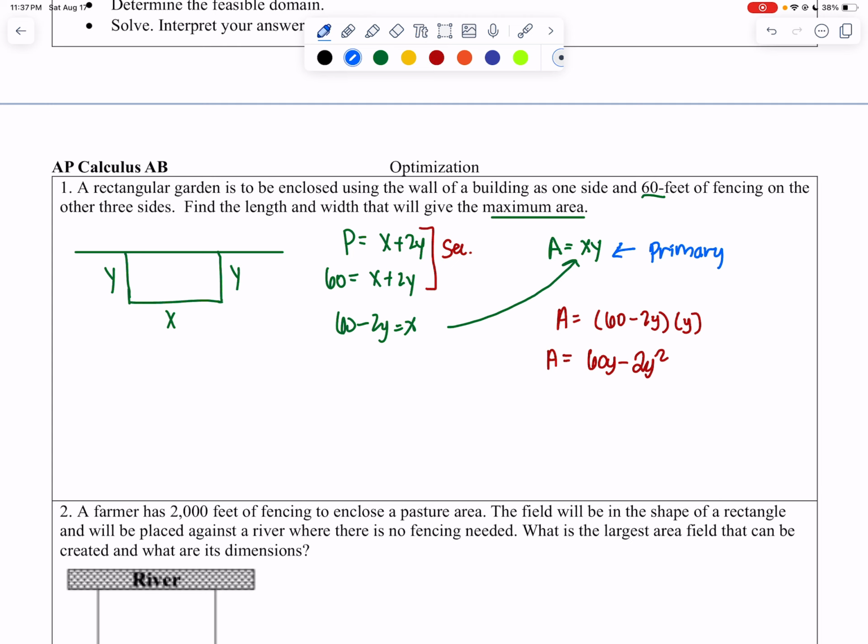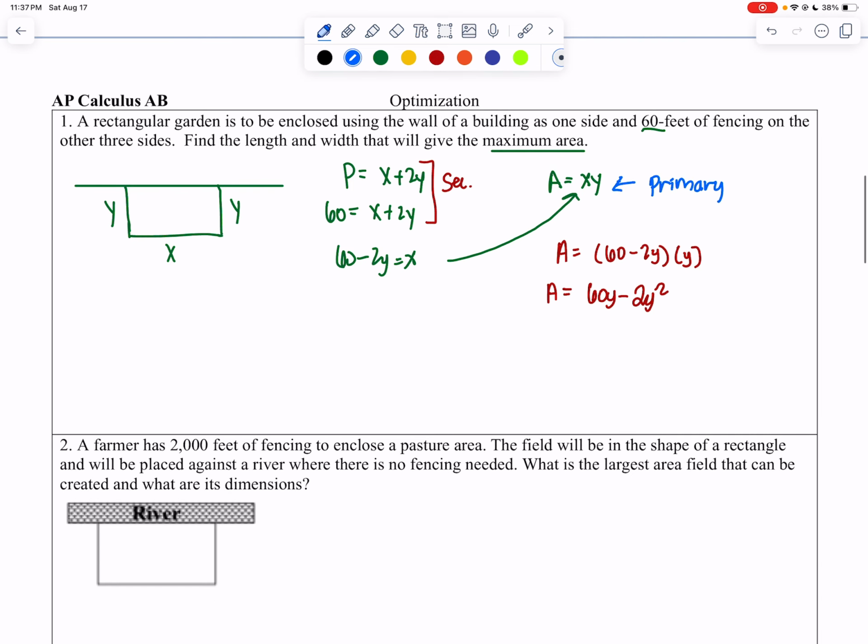But using calculus, what we're going to do is go ahead and take the derivative of this with respect to Y. That's going to give me that. So this is equal to 0. If I solve this, I'm going to get Y is equal to 15, aka my critical point.